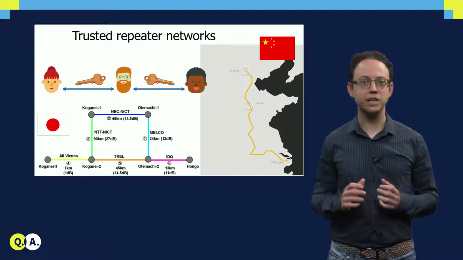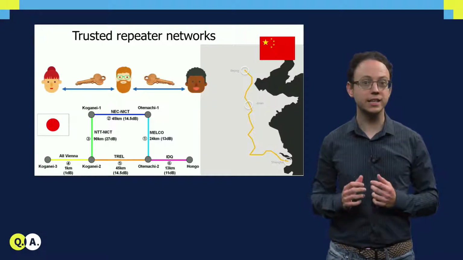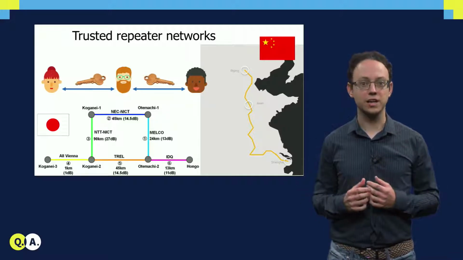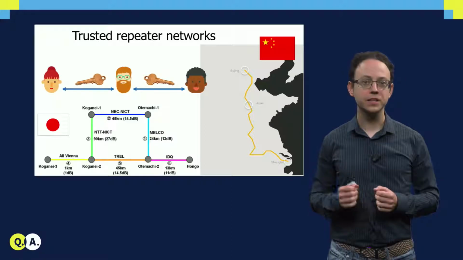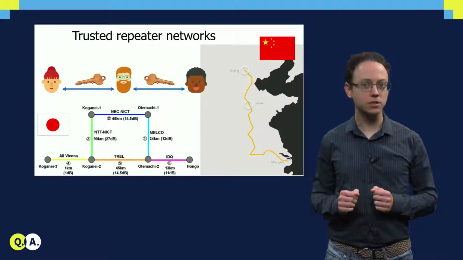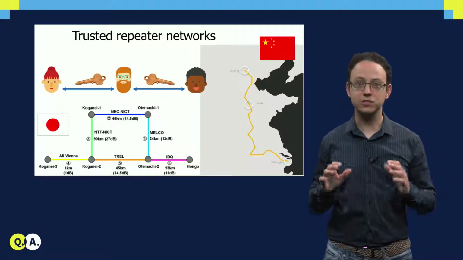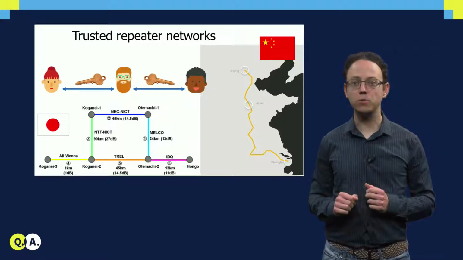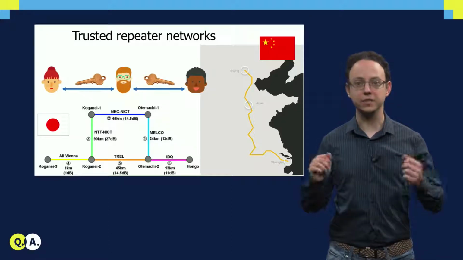Then Alice distributes a key with Charlie using standard quantum key distribution, and Bob also distributes a key with Charlie. Finally, Charlie makes public the sum of the two keys. It turns out that, provided that Charlie is trusted and does not leak any information, Alice and Bob obtain fully secret keys.